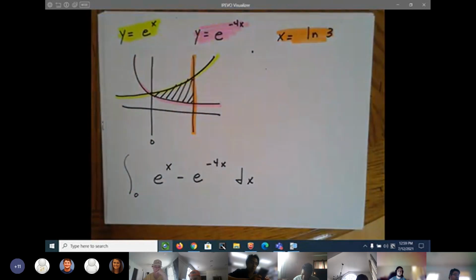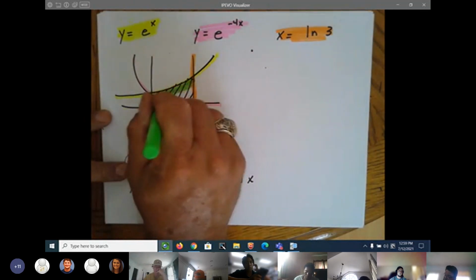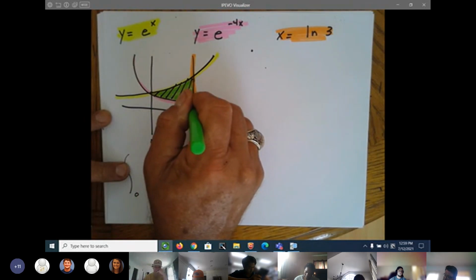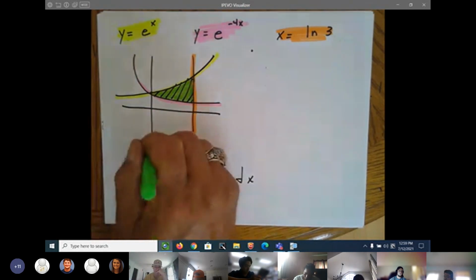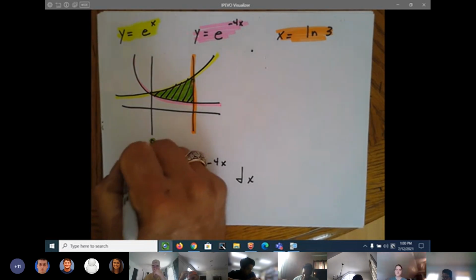And the area that we're trying to find is right here. And it starts at 0 and ends where? ln of 3. Natural log of what?